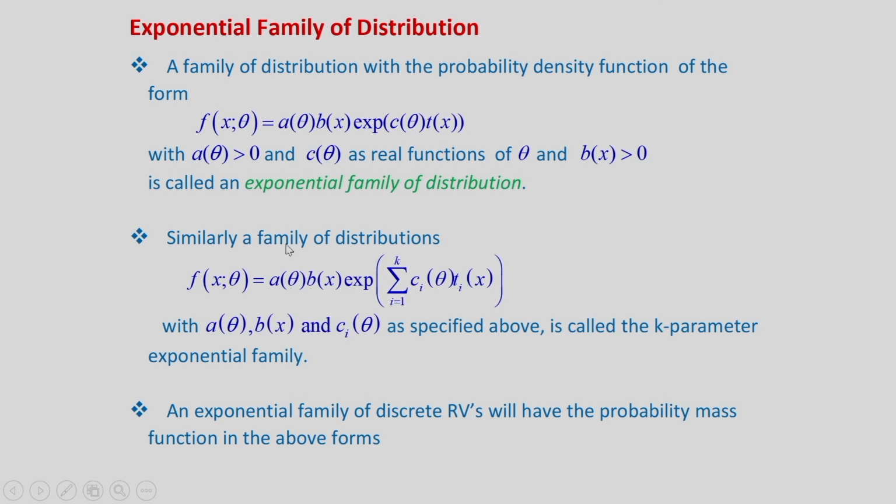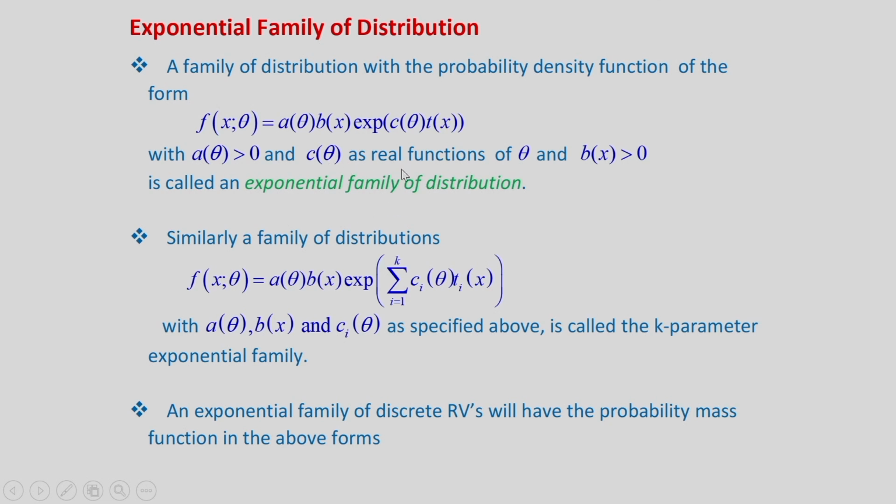And now, we can have a multi-parameter exponential family of distribution. Suppose f(x; theta) is equal to a(theta) into b(x) into exponential of summation c_i(theta) into T_i(x), i going from 1 to k. Suppose in this form a(theta) is greater than 0, b(x) is also a non-negative function, and c_i(theta) is also a real function.